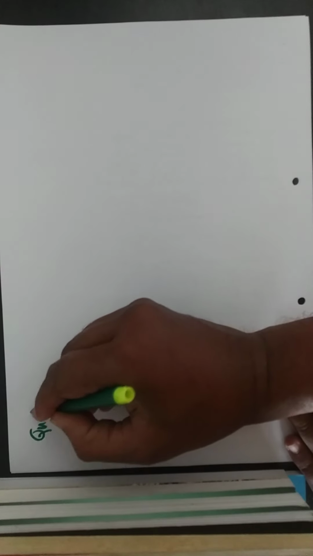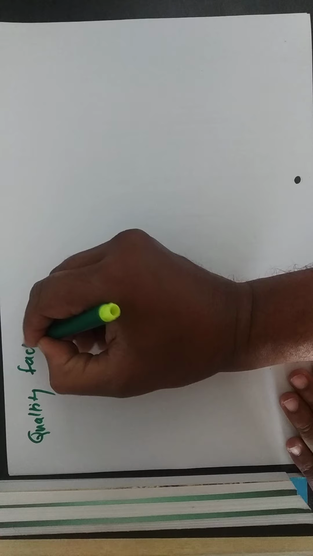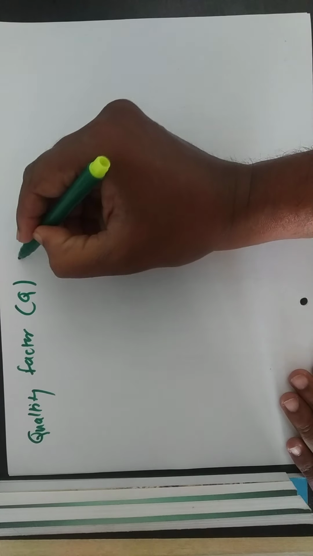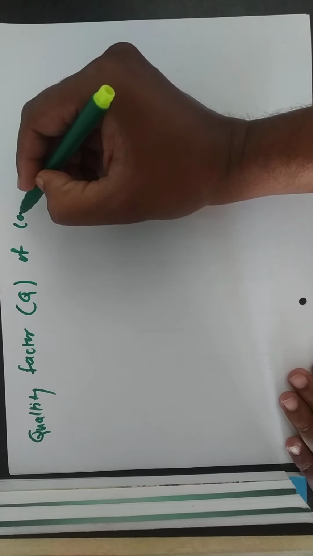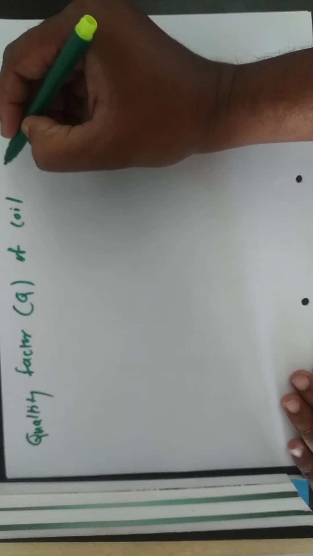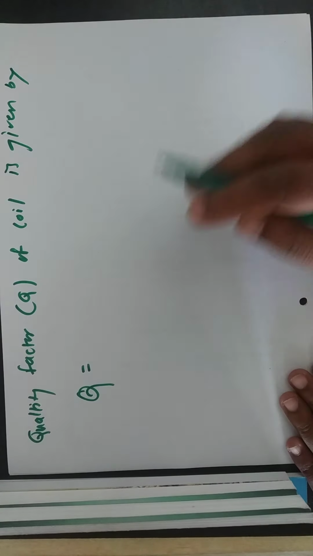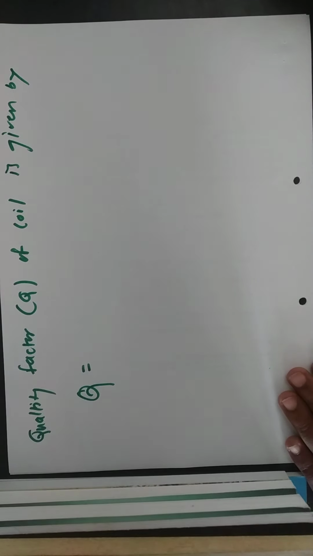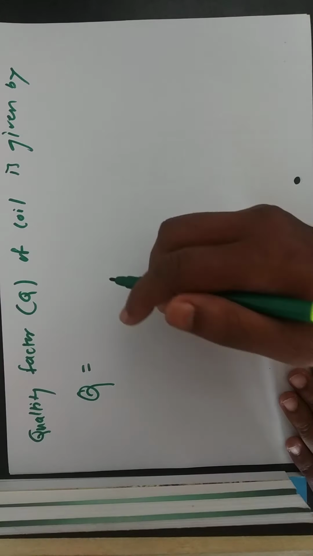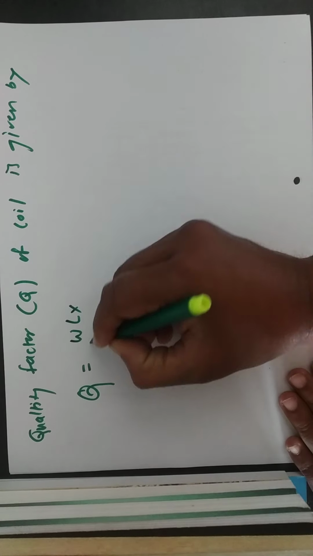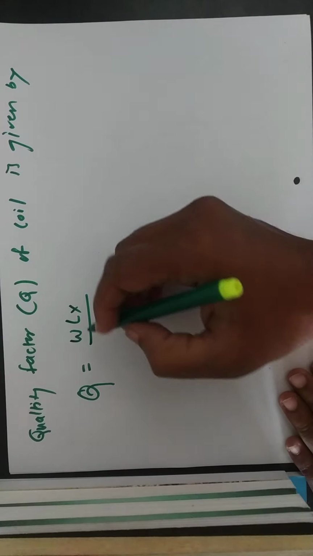The quality factor Q of a coil is generally defined as the reactive, or energy storing, component divided by the energy dissipative component. The energy storing component in this network is the inductance, so you can write omega Lx divided by the energy dissipative component, that is Rx.